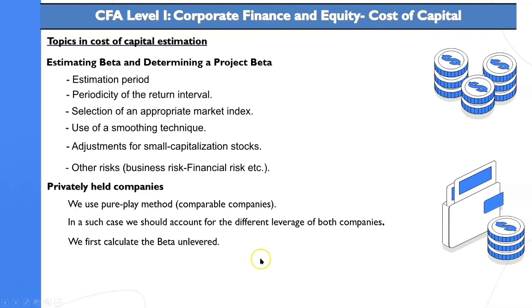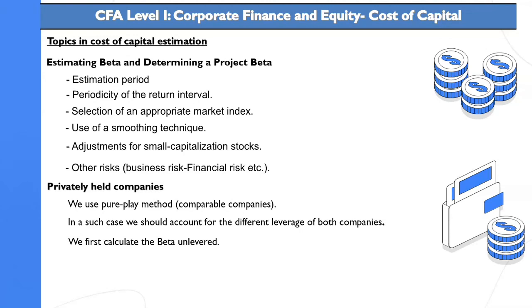How do we account for that? We first calculate beta unlevered. What does that mean? When we calculate, beta measures the all-in risk, including business risk, financial risk, everything. So if the beta of a company that is highly levered, 90% leverage, is say 1.5, now I can't take this 1.5 and use it with a similar company.